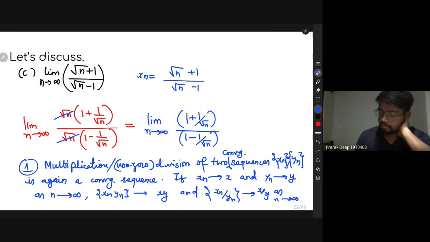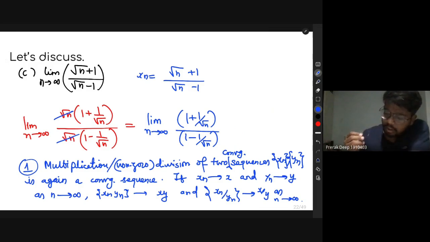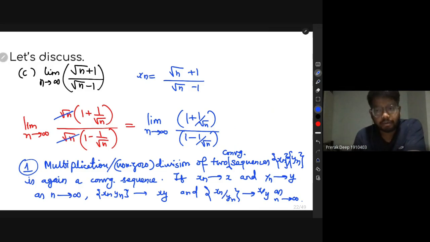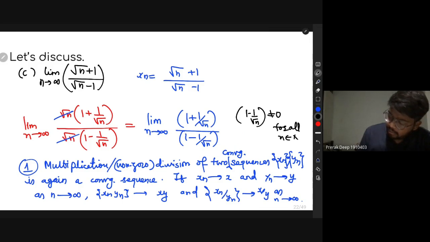So how do we use it? We know that the individual numerator sequence is converging to one. Similarly, the individual denominator sequence is again converging to one. So their division is also going to converge. And the second thing is that the denominator is always non-zero: 1 minus 1 over n is always non-zero for all n in natural numbers.